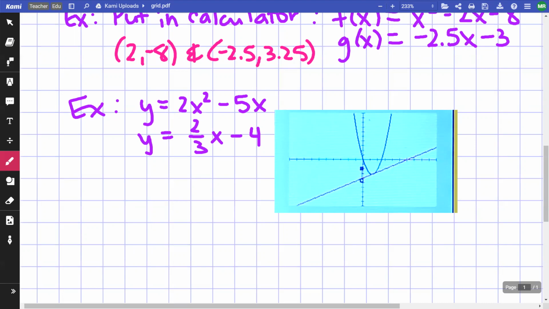And then I can go down and out, and I can make a little box. I'm going to go up a little, because really what I want is where it's crossing. And that's going to become my screen. So I hit enter when I get it to where I want. I can always do it again if I didn't get it exactly perfect. And I hit enter, and then that becomes my screen on my calculator.